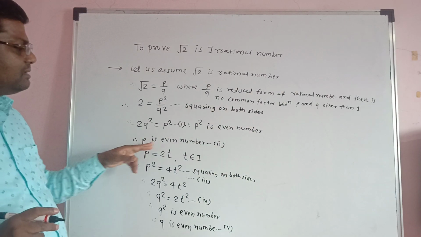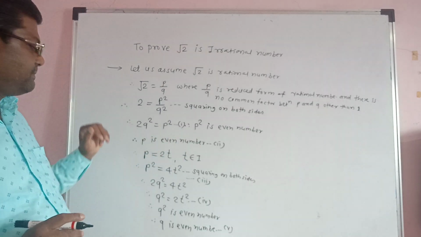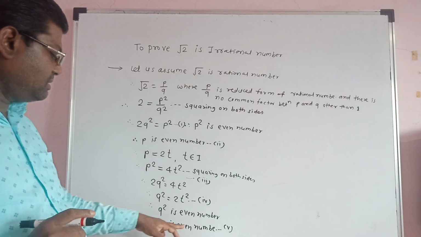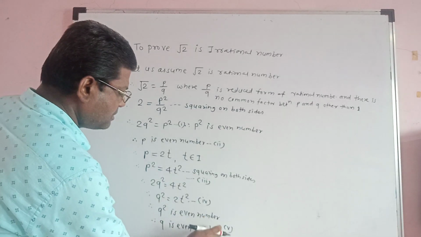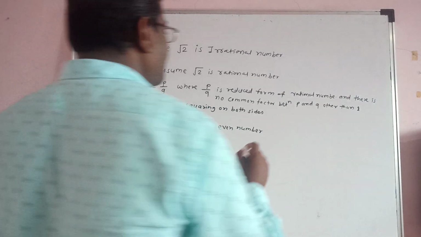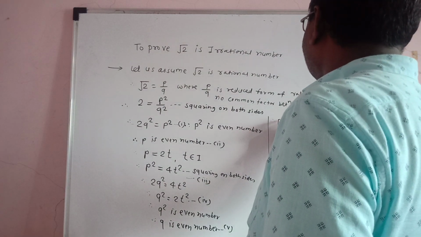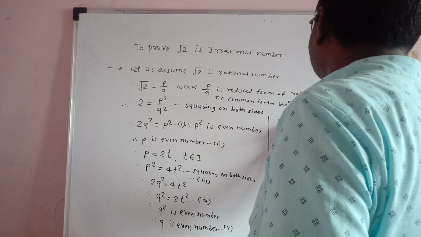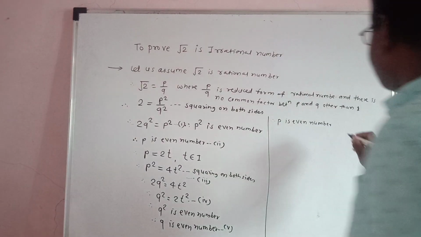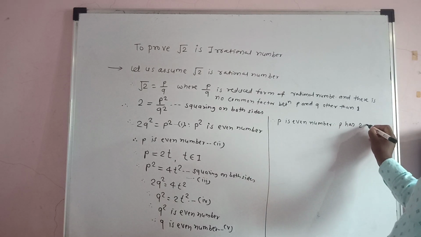Now, p is an even number. Therefore, 2 is a factor of p. Any even number has a factor 2. q is an even number. Therefore, q also has 2 as a factor.